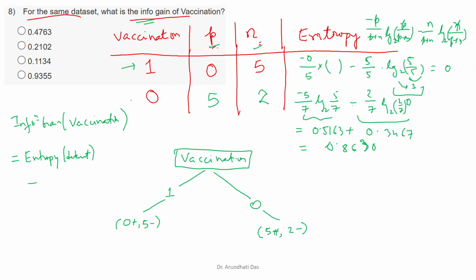This is one feature value and this is another. So for the first feature value, what is the total count of this feature value? That count is 5, right?